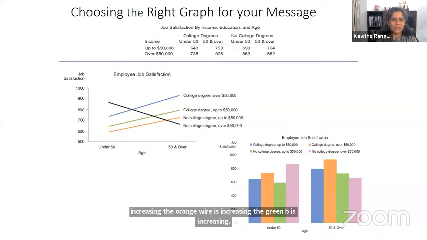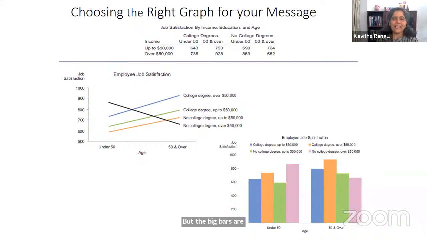A lot more work to get the same insight out. Hence, it's not that data visualization will work all the time to get your insights out, but the right graph for the right message is the key to bringing out the information very, very coherently and very, very powerfully. So that powerful insight generation is possible if you choose the right graph.